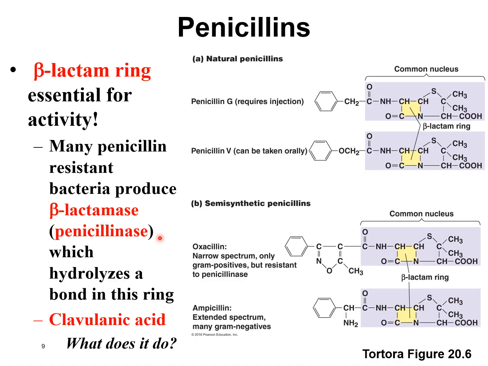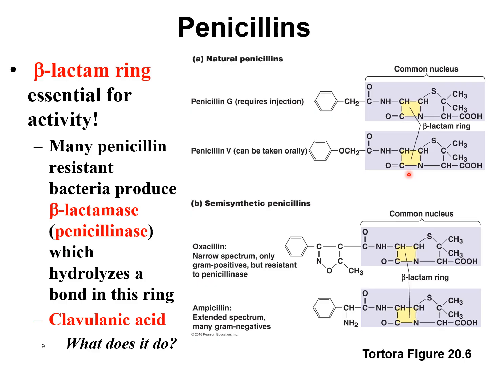And what this beta-lactamase enzyme does that the bacteria produce is it chops the beta-lactam ring, and then the penicillin will no longer work. So it can no longer inhibit the cell wall synthesis. So that makes the penicillin just worthless.